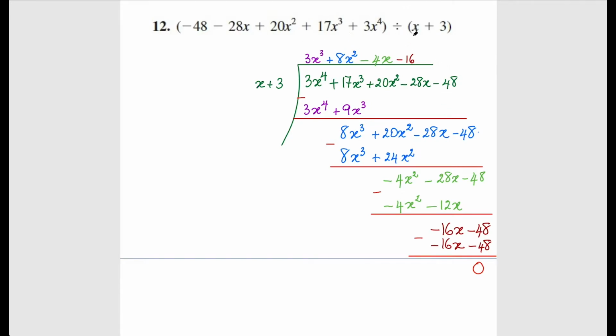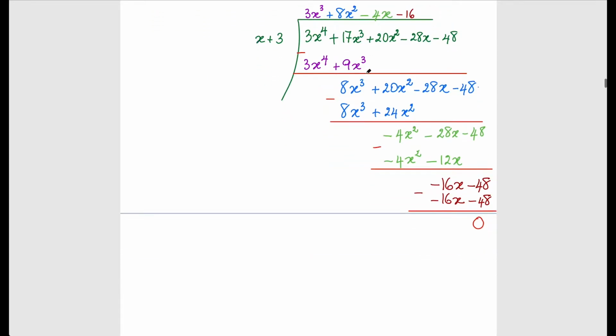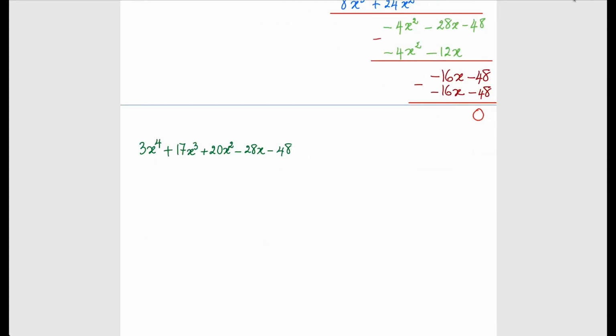So now we're going to write this divided by that, as we did above. So this guy divided by the x plus 3, right? So let's do it. And what did we get?